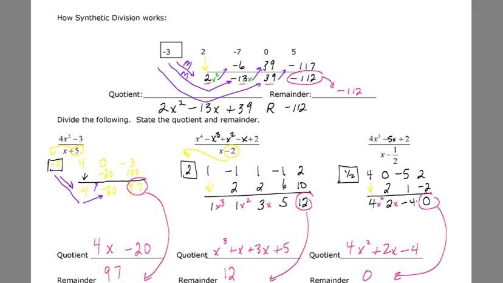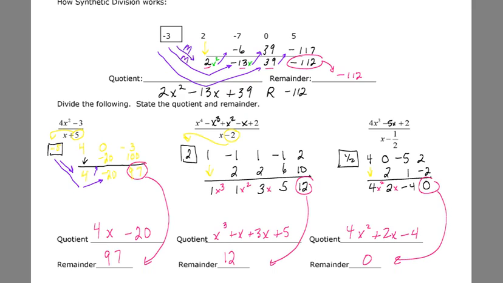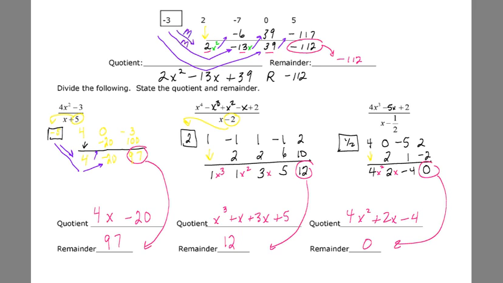Square, x, constant. Now in the book they may give you some answers, and even in the exercises when you're working in Course Compass, they'll write the remainder. Instead of writing it like in this one as a 97, they might write the answer as a 4x minus 20 plus 97 over x plus 5.